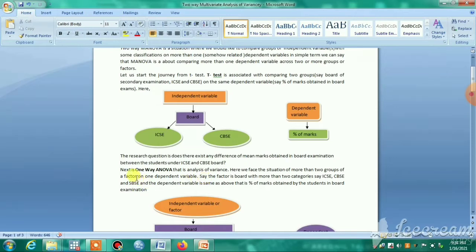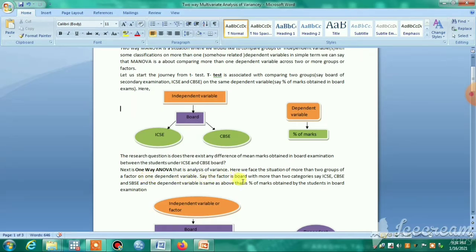Next is one-way ANOVA, that is one-way analysis of variance. In one-way ANOVA, we face the situation of more than two groups of a factor on one dependent variable.